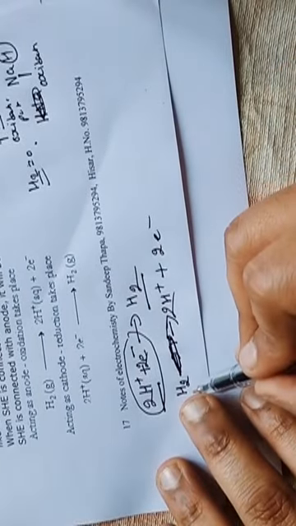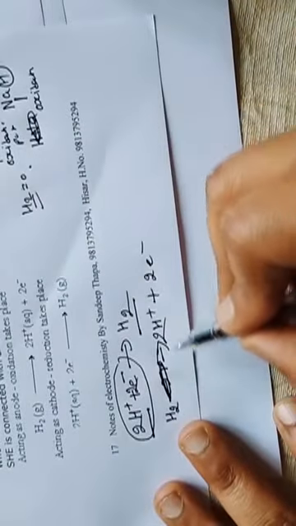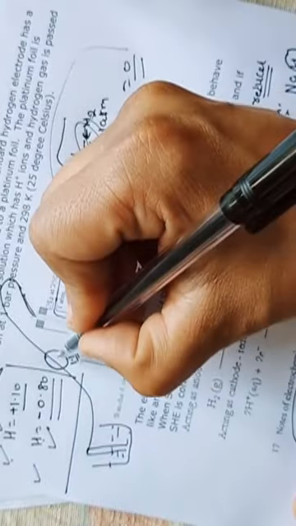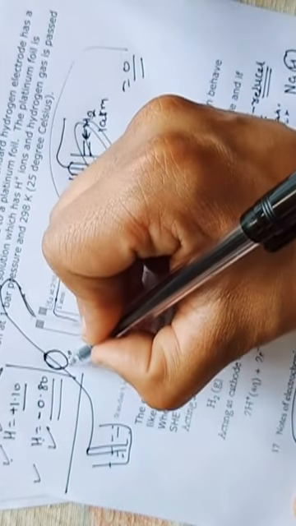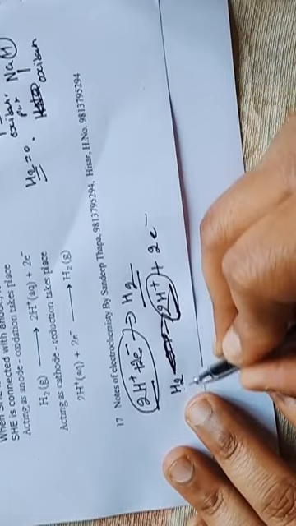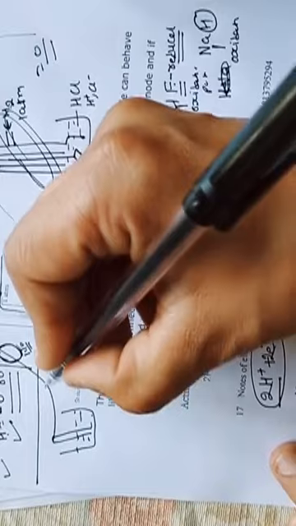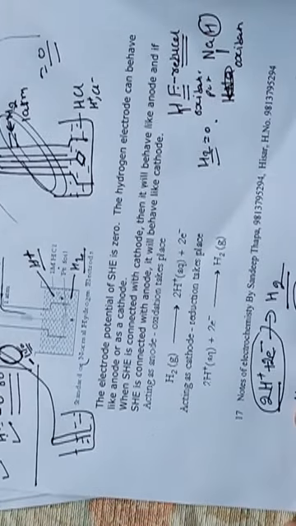Now if SHE is losing electron, then the amount of H positive will increase, and if again this device is showing voltmeter, it is showing potentiometer, sorry, if this potentiometer is showing the value 1.10 but the amount of the H positive is increasing, it means H2 has changed into H positive and it shows that it is showing oxidation potential, then the value will be minus 1.10. We'll take it minus 1.10.